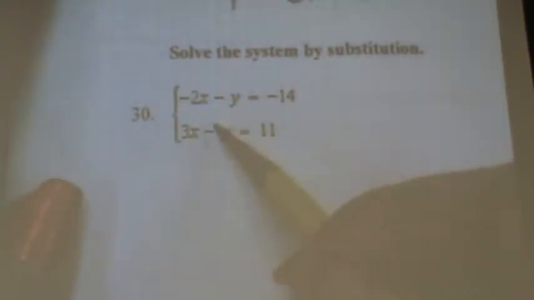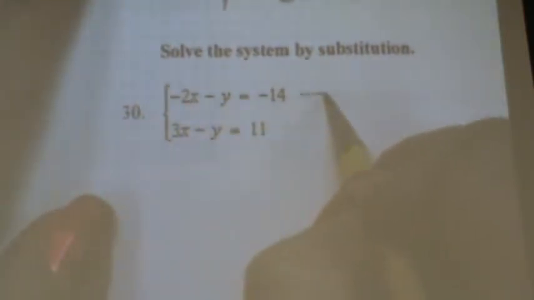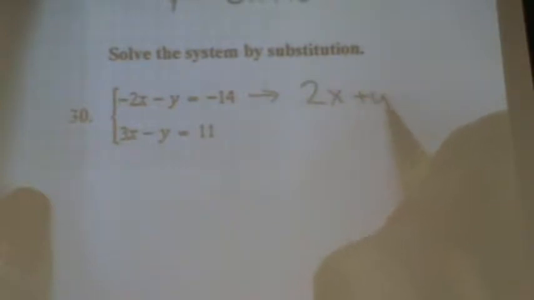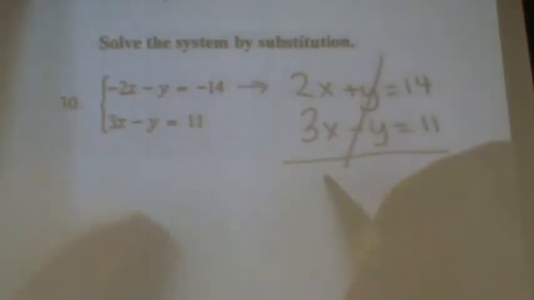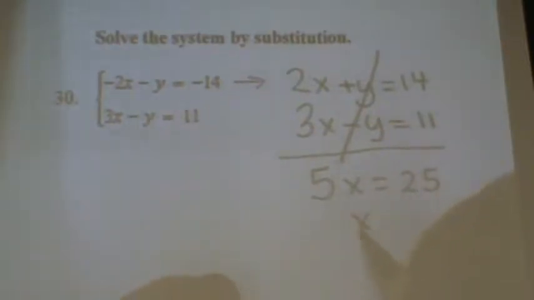I look at these, see how these are both negative? If you change all the signs on this top equation and make it 2x plus y equals 14, what could I now do? Elimination. Yeah, elimination is everyone's favorite. It's mine. Add, and you get x is 5.